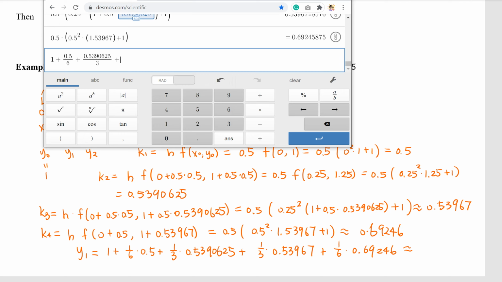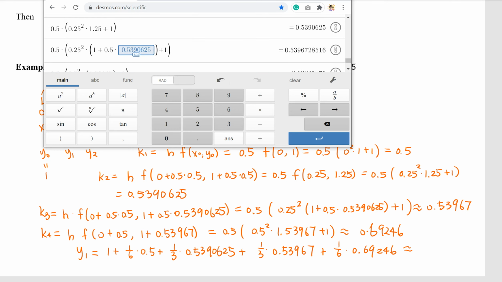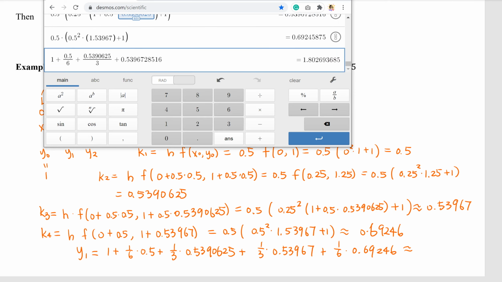And then plus the next number, which one here? This one, right? This number divided by 3. Okay. Sometimes we might have round off error, but it shouldn't be so big. Okay.